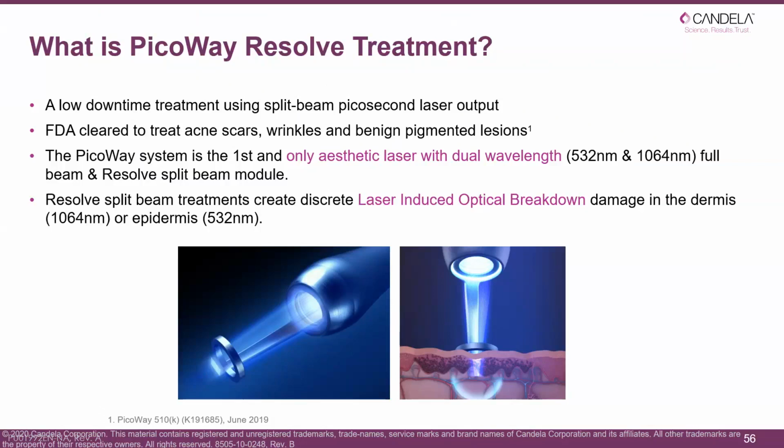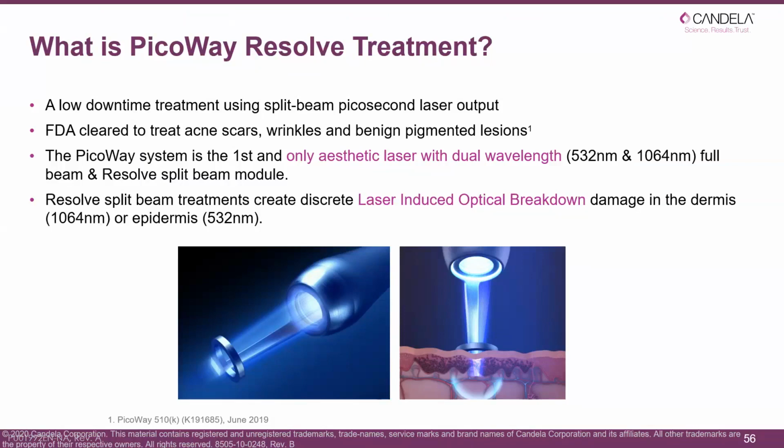And we're focusing the laser just under the surface of the skin. So we get that high concentration of energy not sitting on the surface of the epidermis, but deeper into the epidermis or down into the dermal layer.